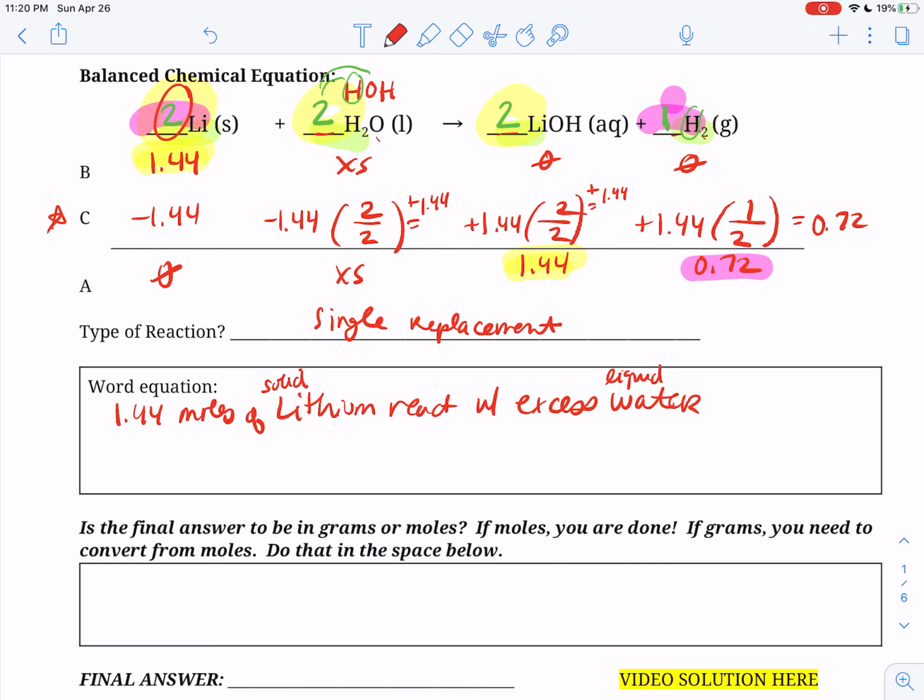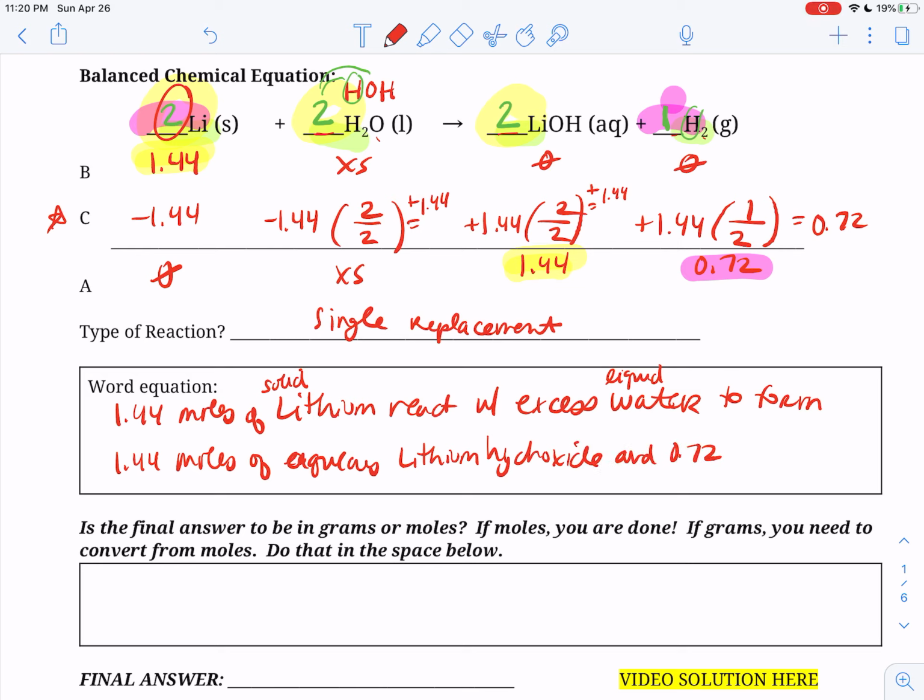Liquid water to form 1.44 moles of aqueous lithium hydroxide. Okay, remember using your pink sheet for that. And 0.72 moles of hydrogen. I'm going to go ahead and say gas. Okay. All right, so now I can look and see what we're actually looking for, okay?